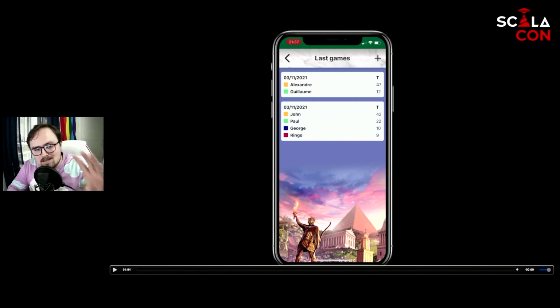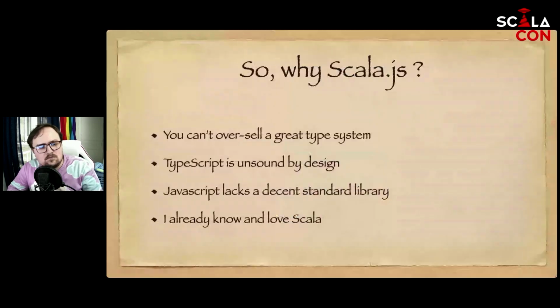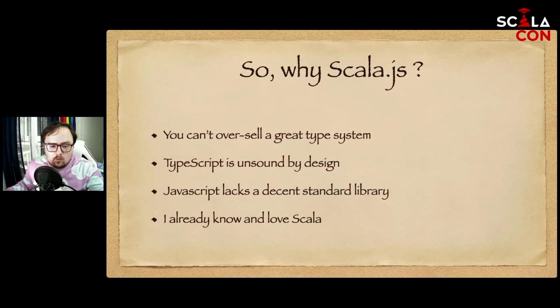So this is what I've built using Scala.js, and today I will talk a little bit about how I did this and some of the problems I have encountered. So why Scala.js? Well, I think that you can't oversell a great type system. You're probably all familiar with Scala, so I don't need to try too hard to convince you of that.